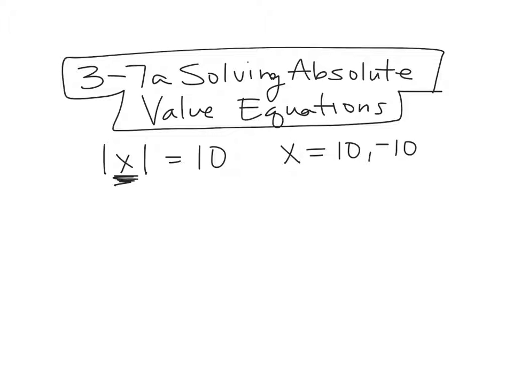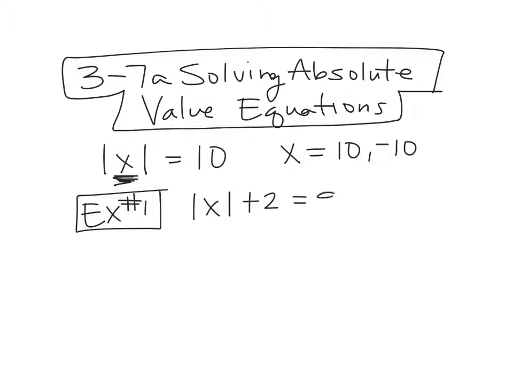So here's what you're going to be doing. If I say the absolute value of x plus 2 is 9, the rule is this. Hear me, every single one of you right now. Put your iPads away. Pay attention. When you are doing the absolute value of something, you cannot give the two answers until you have isolated the absolute value.